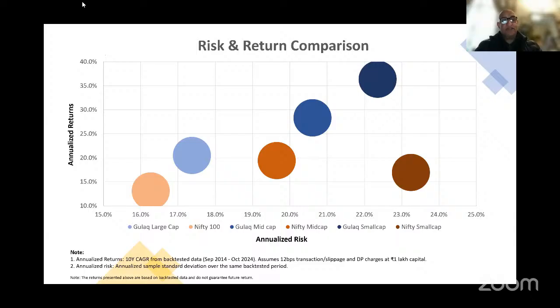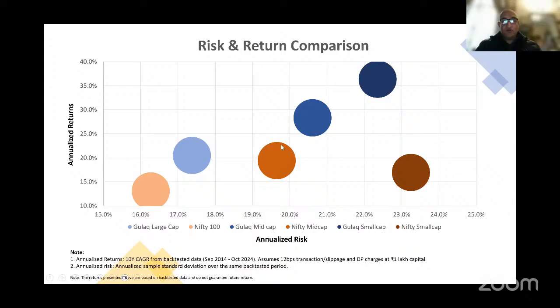This is the same data presented along with the risk information. So if you look at the x-axis, which means looking horizontally, the blue dots represent how much return you get. So, as I said, about 17.5% is the annualized, sorry, this is the risk.